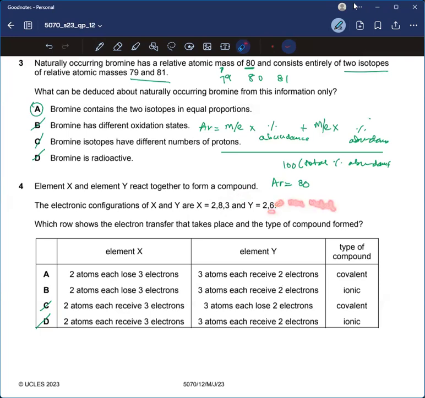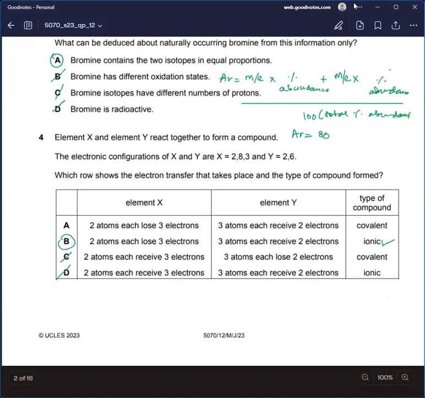And we know that a metal and a non-metal react to form an ionic compound, so B would be the right answer. Right. Let's move towards the next question.